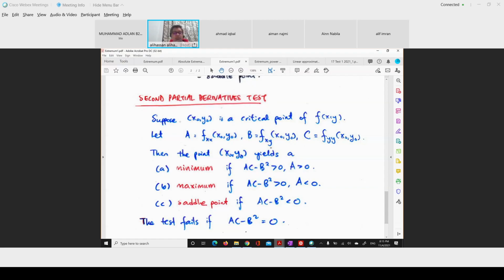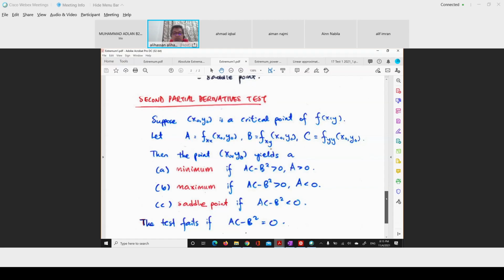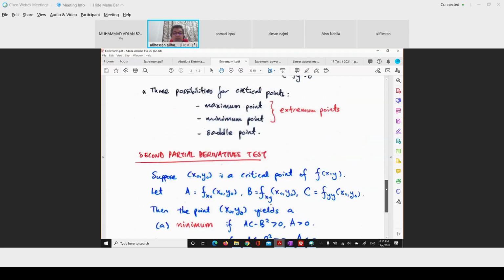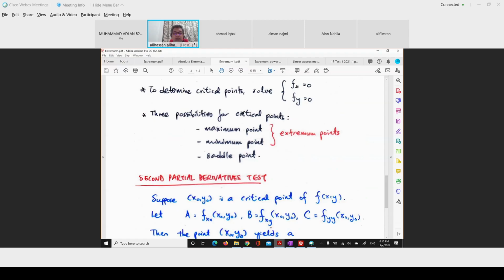So suppose (x0, y0) is a critical point of f(x,y). This (x0, y0) is obtained by solving this system of simultaneous equations here. Sometimes we can have more than one solution for this system of equations.